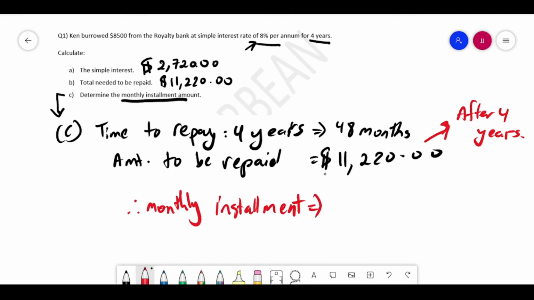the total needed to be repaid divided by the amount of time, which we know is 48 months. This will tell us how much would have been needed to be repaid in 1 month. So let's see that amount.